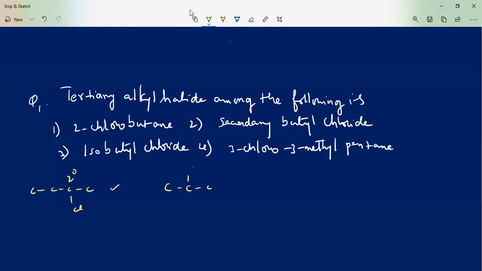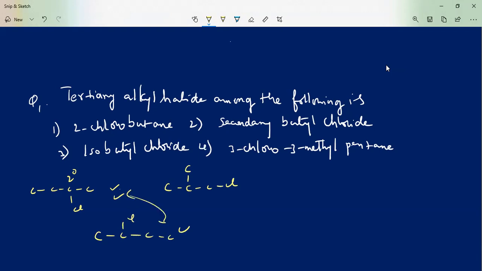Isobutyl chloride is this one, which is 1-chloro, with chlorine on the first carbon, whereas secondary butyl chloride is different. Both are the same, that is secondary butyl chloride.